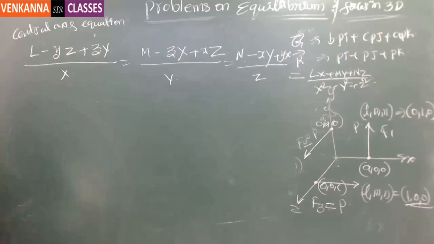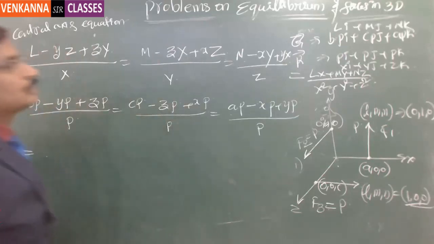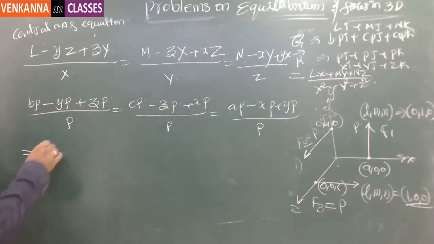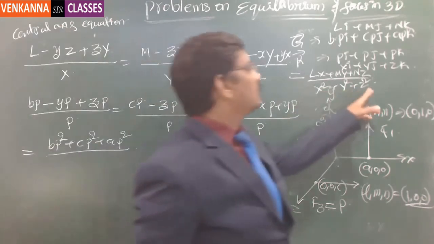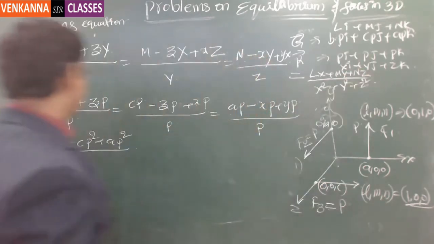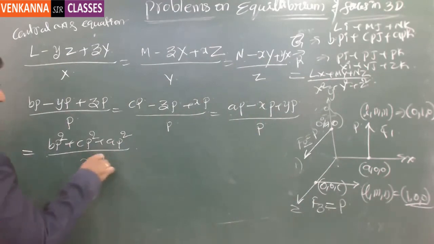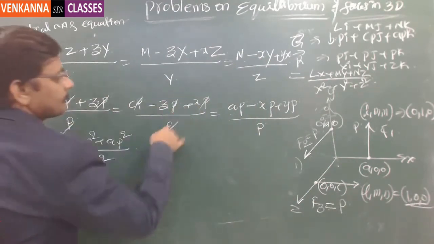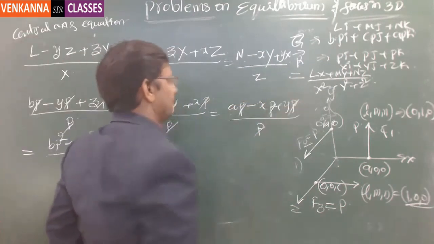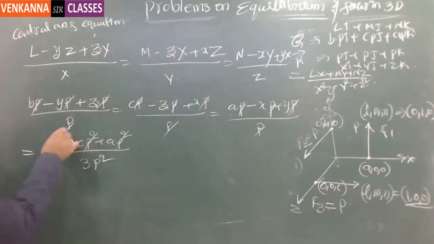So Lx is Bp square and Cp square and Ap square. In the denominator, x square plus y square plus z square is nothing but 3p square. So here also p square will cancel out.